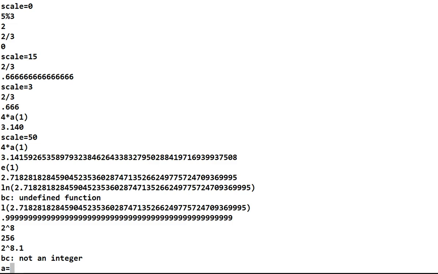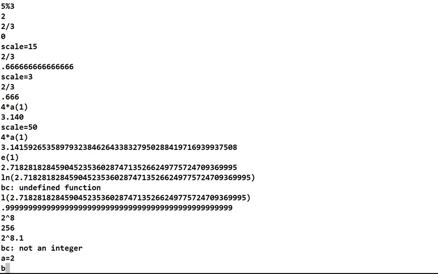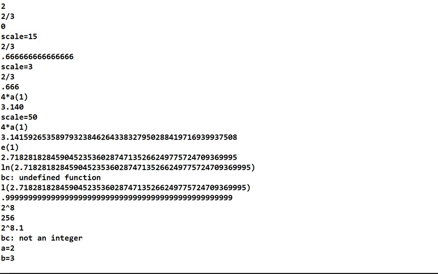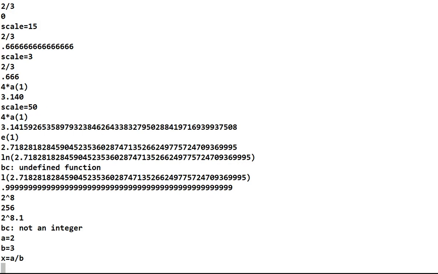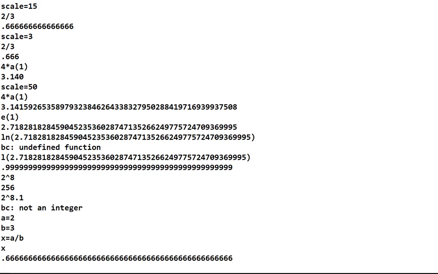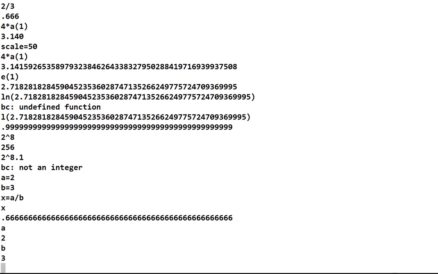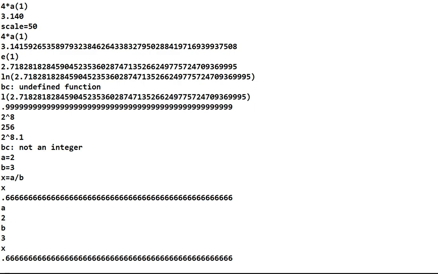We can say A equals 2, B equals 3, and then we can say X equals A over B. And then if we just type X, it'll show the answer, 2/3. And if we looked at A, it's still 2, B is still 3, and X is still 2/3.